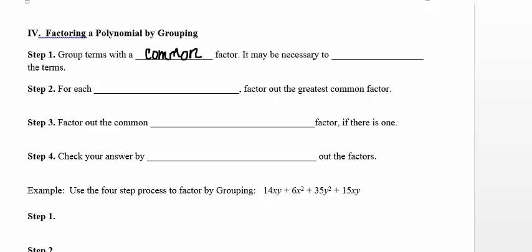It may be necessary to rearrange the terms. For each group, factor out the greatest common factor. Factor out the common binomial factor if there is one.